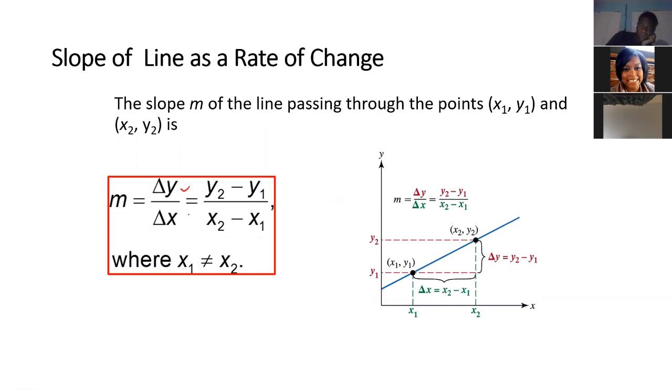And what that means, I have y2 minus y1 divided by x2 minus x1, because change means to subtract. You're finding the difference. And that's what this delta is, I know you like it, it's just a triangle. It's a delta in terms of this. Delta y, delta x. And this means change, which is equivalent to subtracting. Find the difference.